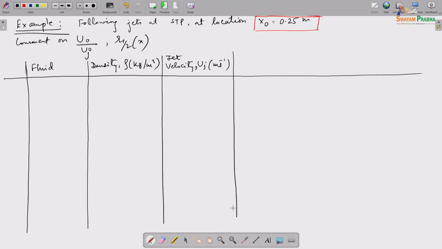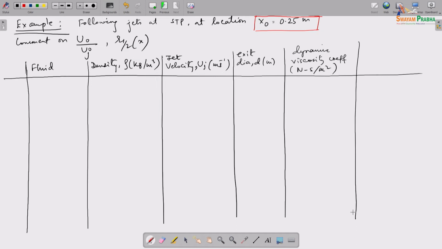Then we have exit diameter d in meters, and the dynamic viscosity coefficient, which is in Newton second per meter square.